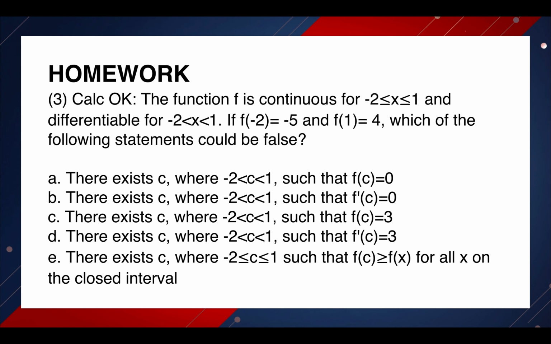And now let's look into the third homework question. The function f is continuous for x greater than or equal to negative 2 and smaller than or equal to 1, and differentiable for x greater than negative 2 and smaller than 1. If f(negative 2) is equal to negative 5 and f(1) is equal to 4, which of the following statements could be false?